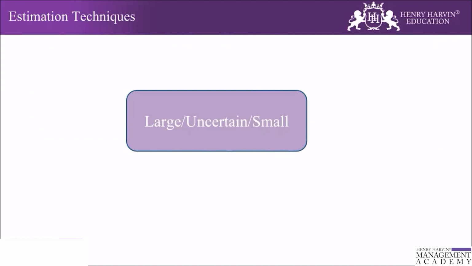Then the complex items are taken up. So it is a good technique when there are comparable items in the product backlog. This is a simple one. If you don't want to make estimation very complex, just have these three buckets. One is large, one is uncertain, and one is small, and then place the items in these three categories.